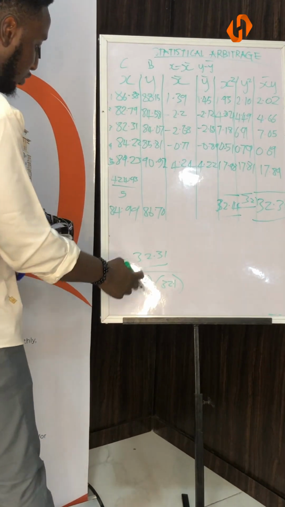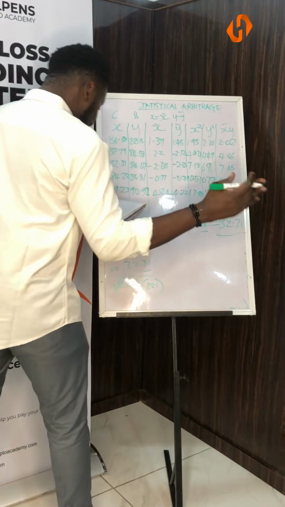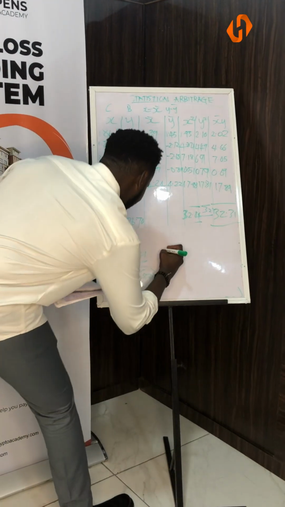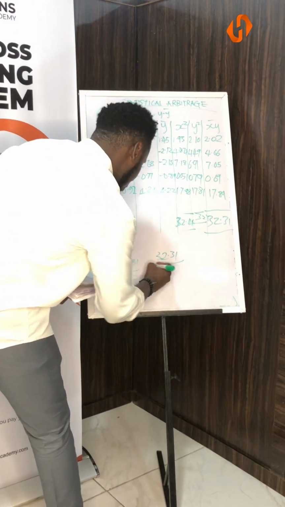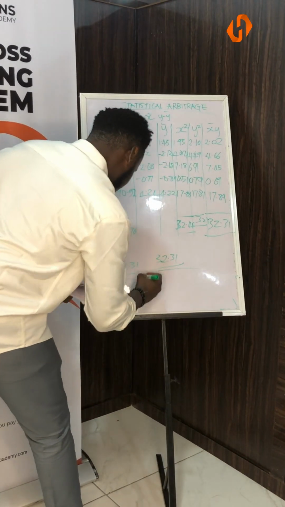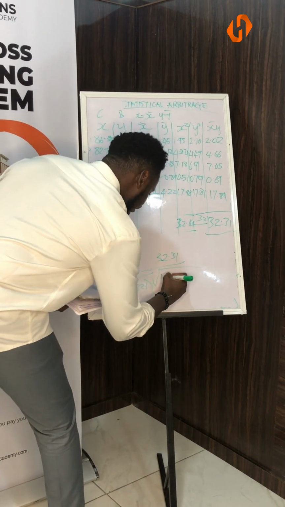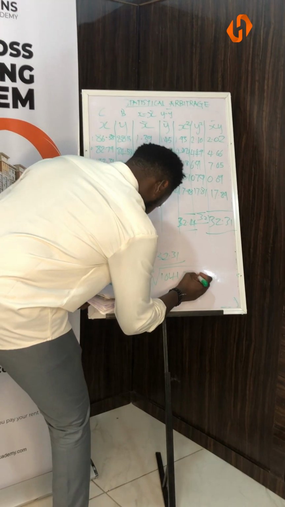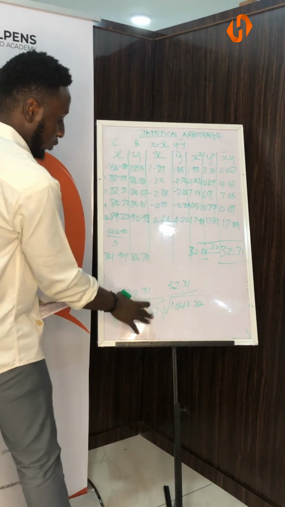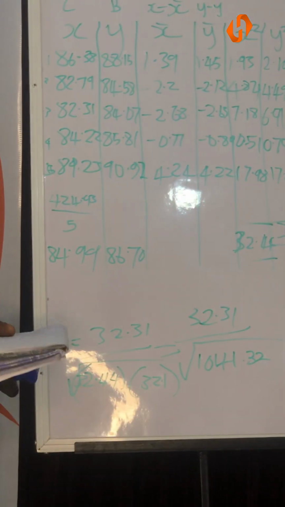In getting the product of these two, after doing the calculation, we then have 32.31 all over the root of 1041.32.